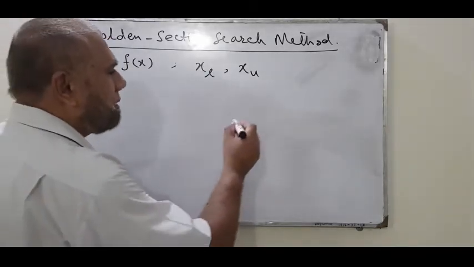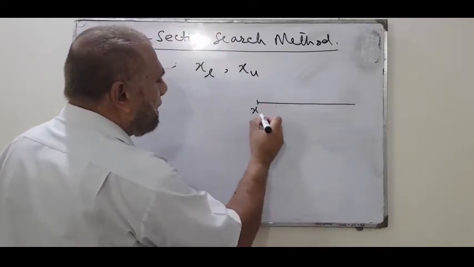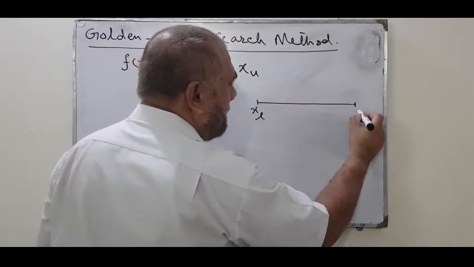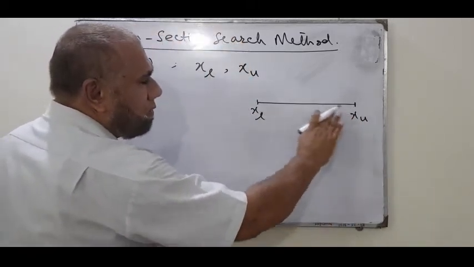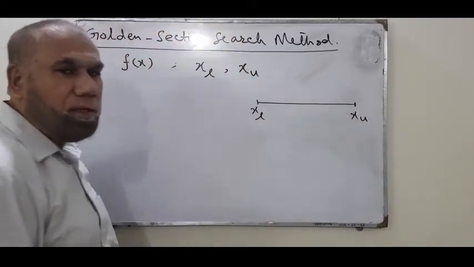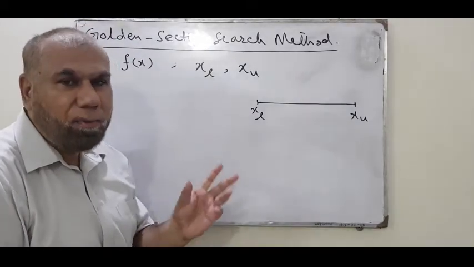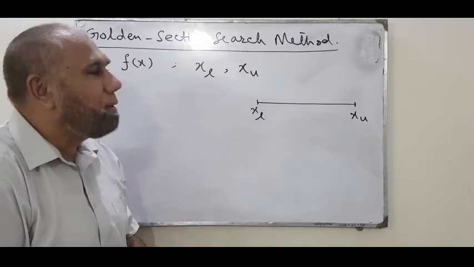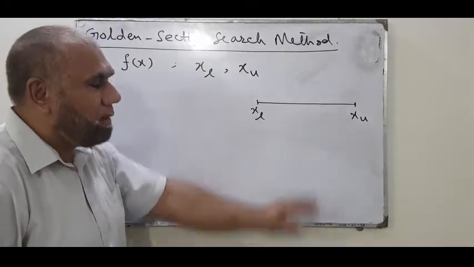If I show you here, this is the domain. This is the left hand point xl, and this is the right hand point xu. So the extreme value should be in between these two endpoints, and that optimum value is the unique optimum, or unimodal value, within this particular interval.